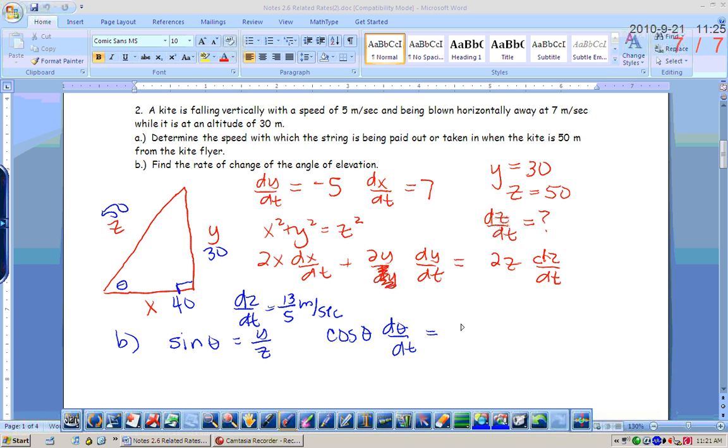Quotient? Okay. Derivative of the top is dy dt times the bottom minus the top times the derivative of the bottom over the bottom squared. Nope, z squared.